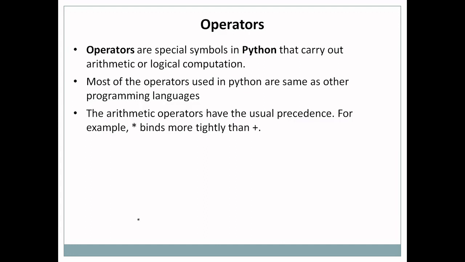For example, star binds more tightly than plus. That means the usual precedence rule is used for arithmetical operators even in Python. So star has more precedence than plus. Division has more precedence than plus and minus.